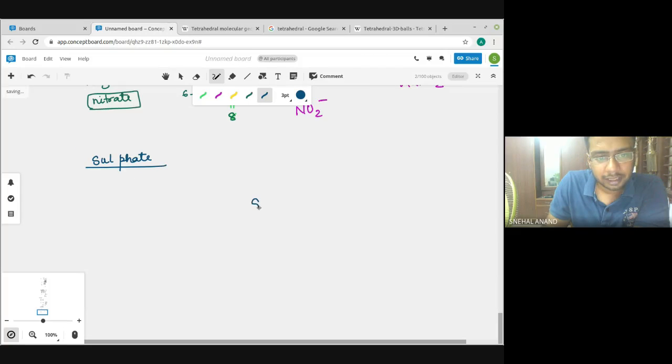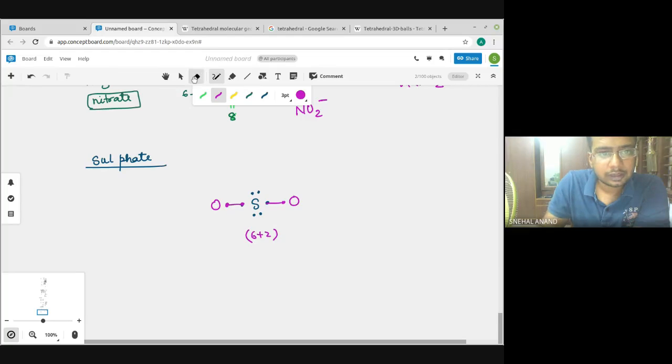This sulfur has 1, 2, 3, 4, 5, 6 electrons. It finds 2 oxygen first and combines with them. Shares 1 electron, just 1 electron. The sulfur had 6, so it gets 2 more. That's already 8.